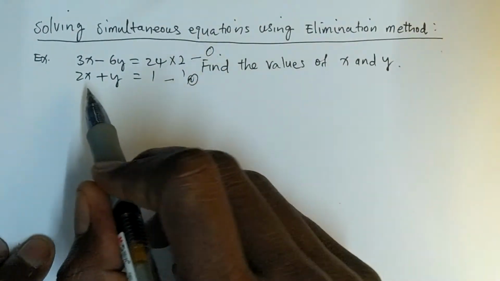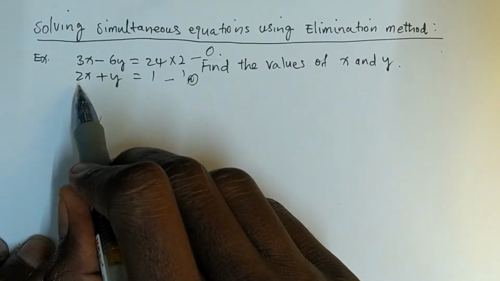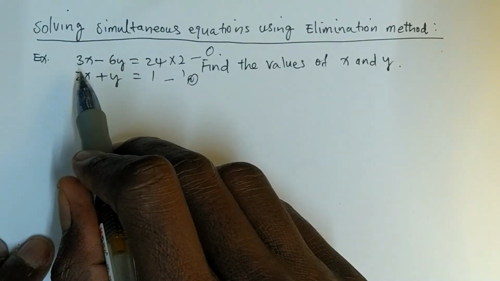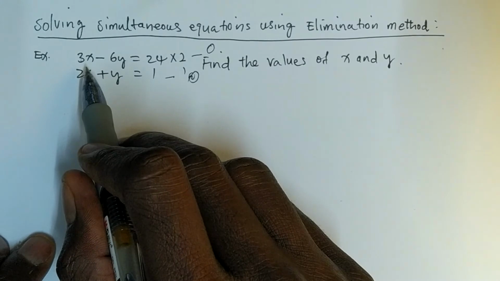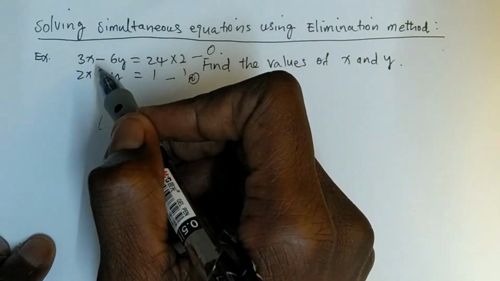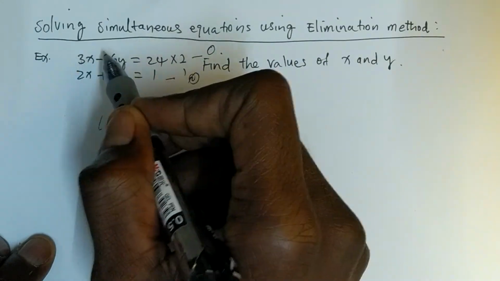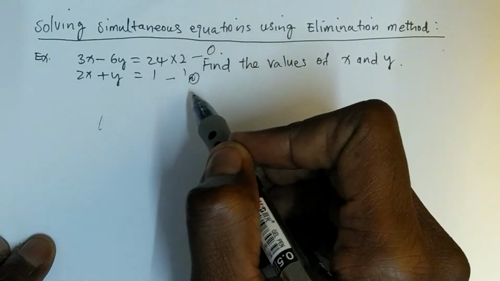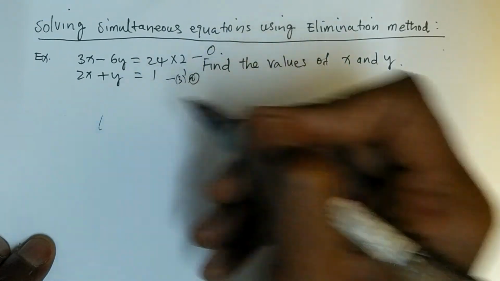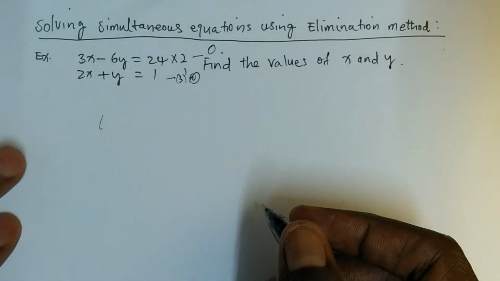Okay, so take the coefficient of x in equation 2 and multiply it throughout in equation 1, and do the same: take the coefficient of x in equation 1 and multiply it throughout in equation 2. So we multiply by 3 here. Let's see what we get.